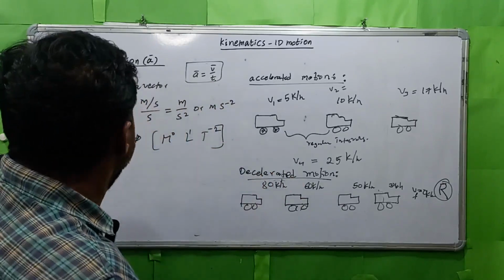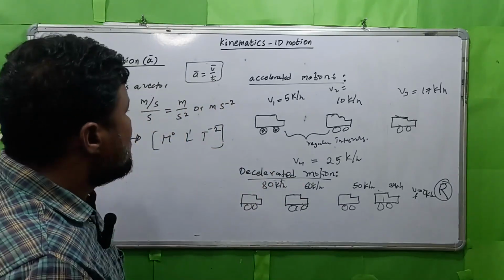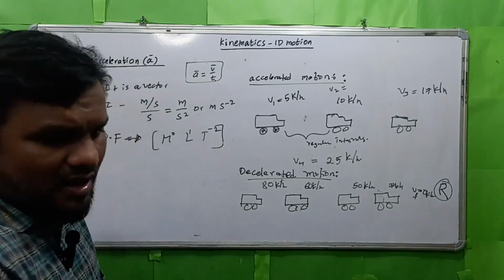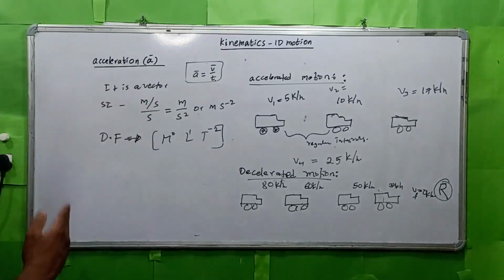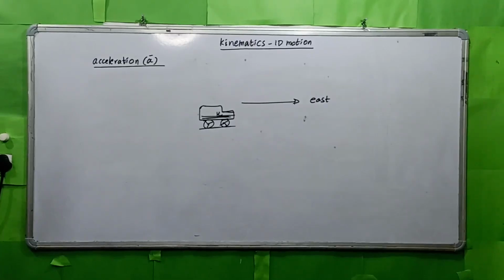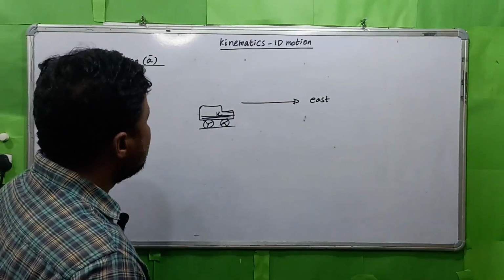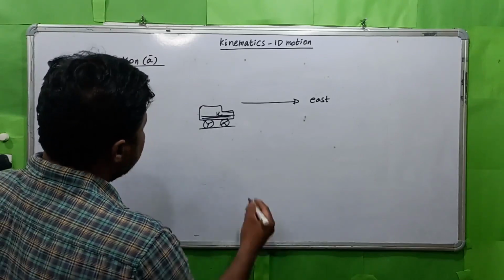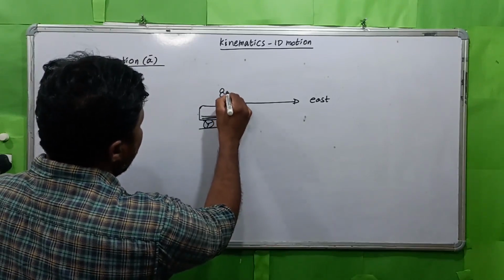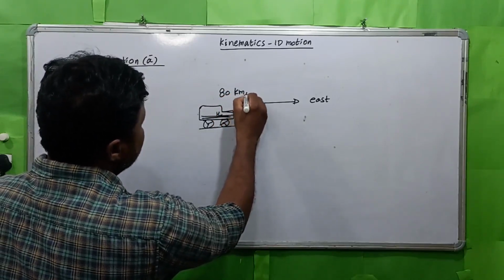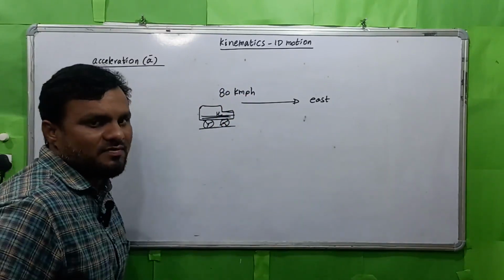Okay, now we will understand some examples on the basis of acceleration. Suppose a car is moving towards the east with a speed of 80 kilometer per hour.